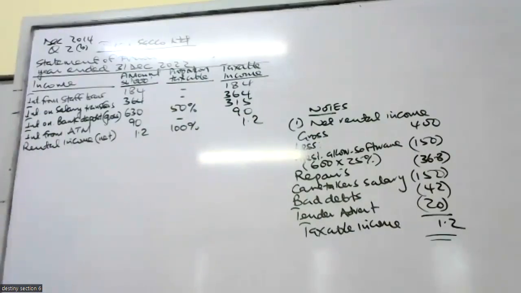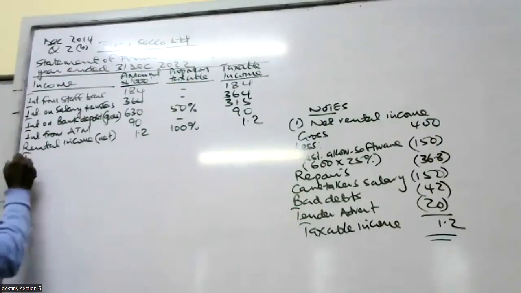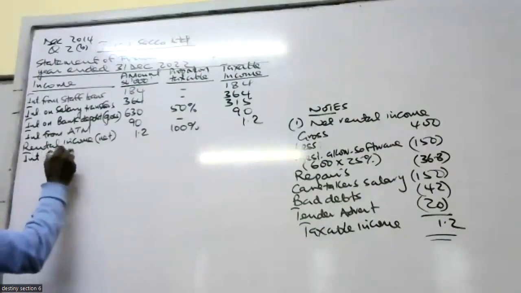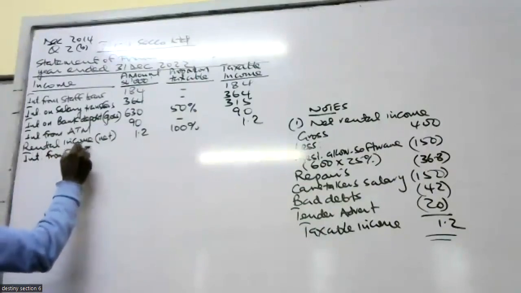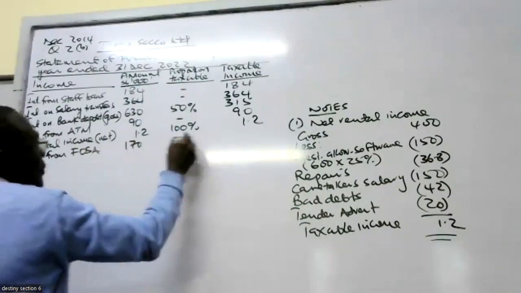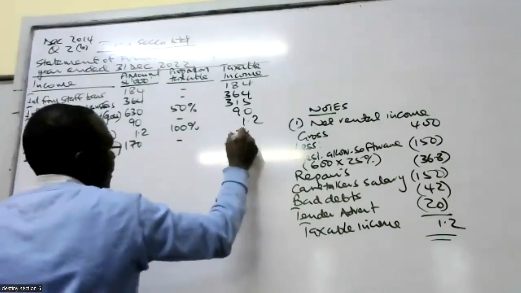Then they also have interest income from front office services, or FOSA, of 170. Another 170 is simply other income.